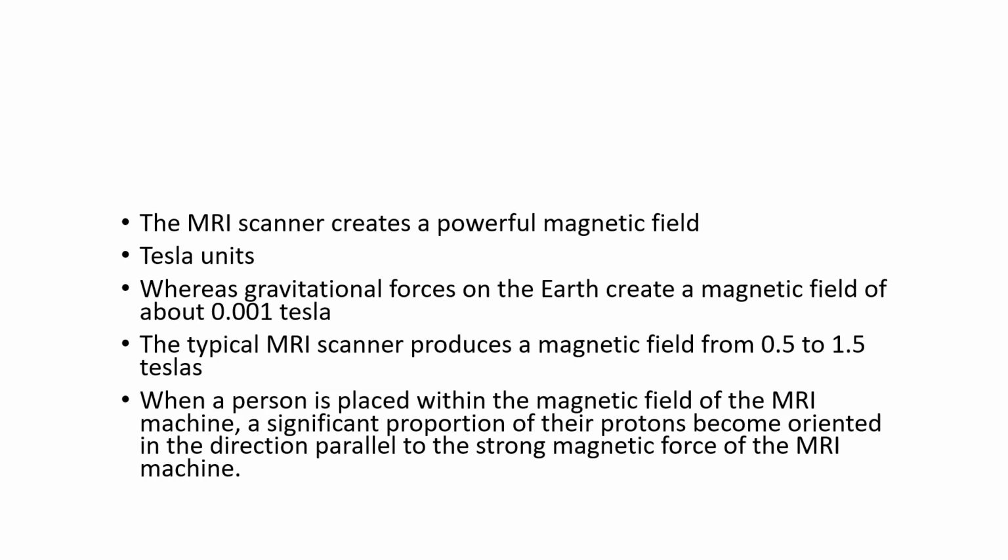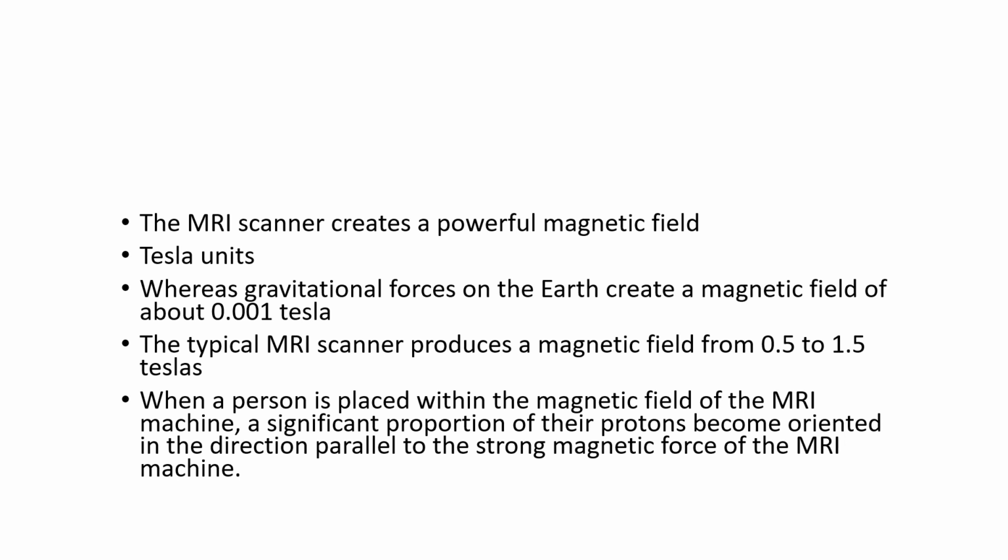A person is laid down under the MRI machine, which produces a very strong magnetic field. Even otherwise, the earth creates a magnetic field, but it is very weak, so it does not have any effect on the protons in the brain or any organic tissue.